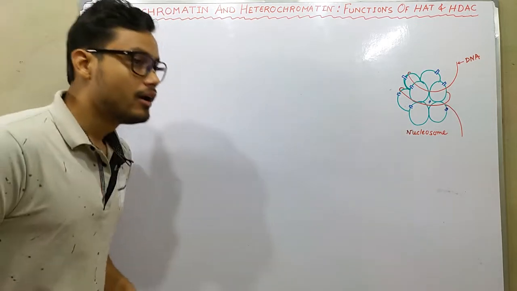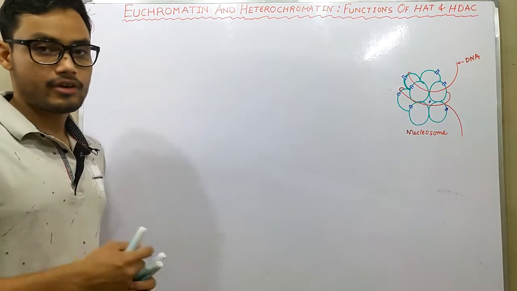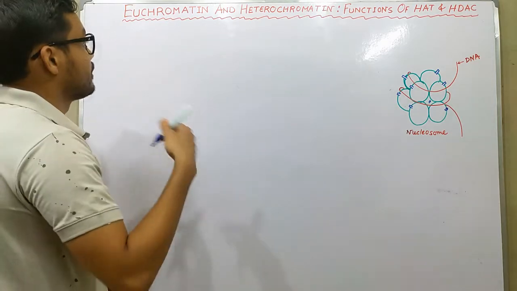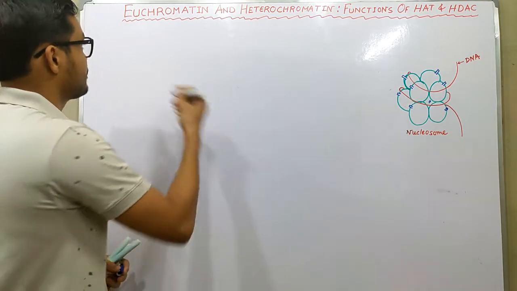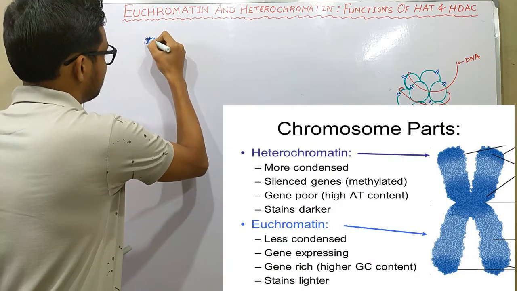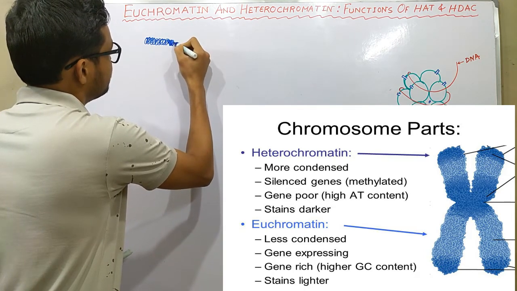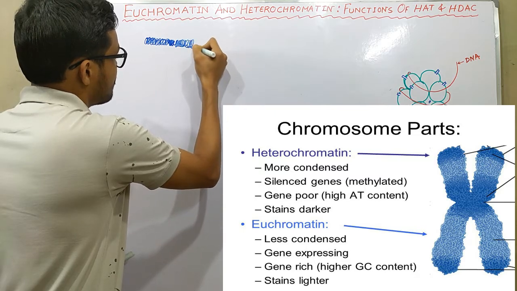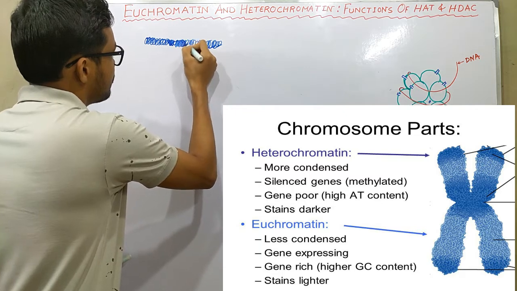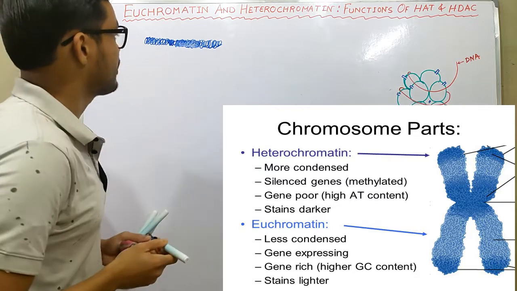So first thing, chromatin is the ultimate compact structure for any kind of undividing cell, right? So if we closely observe the structure of chromatin, we find this kind of structure.